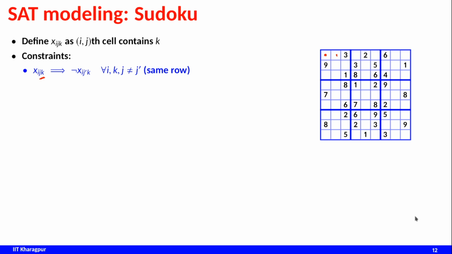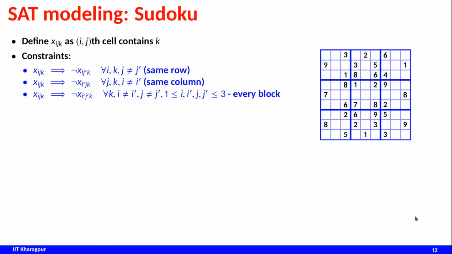So xijk implies not of xij'k. So on the same row I will not be able to put k anymore. Similarly, for the same column, if I choose k in one of the cells, then I should not be able to put k in any other row.